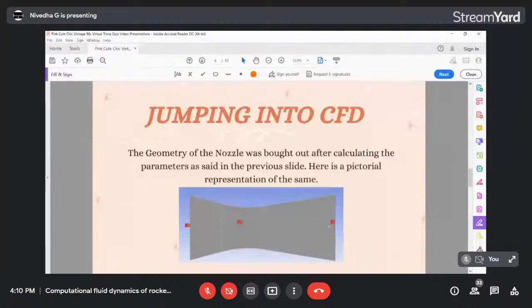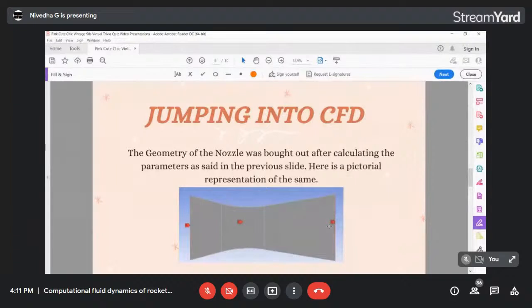But your geometry is not yet complete until you divide it into portions. When you divide them into portions, the software finds it easier to compute the results which you want. For example, you want to see how the flow changes at the throat, so you need the throat portion to be cut separately to identify how the characteristics are changing.